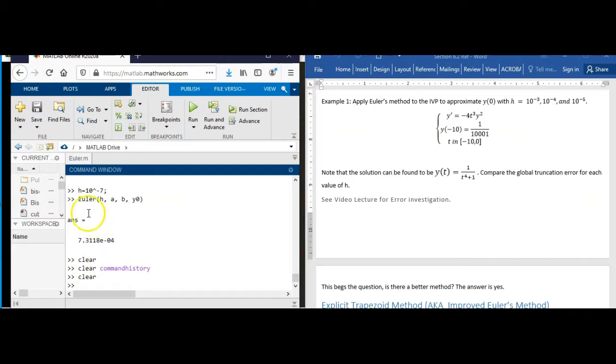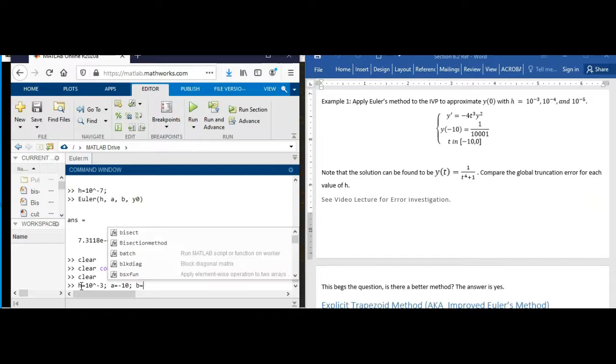My Euler function will take in h, a, b, and y naught. That's up to you to do, so I won't show you explicitly what the code is. So we need to define our first h. Let's say h is 10 to the negative 3. And a is negative 10 and b is 0.